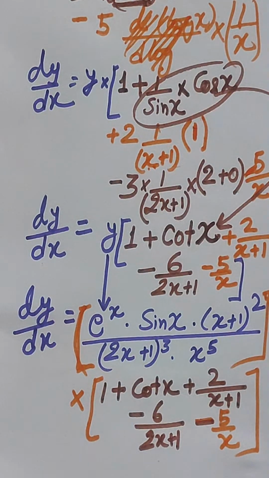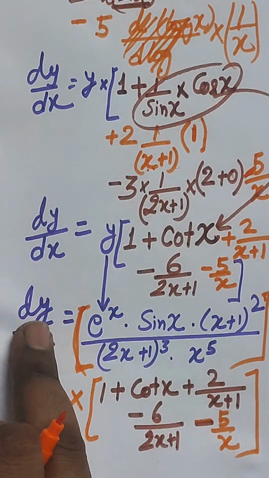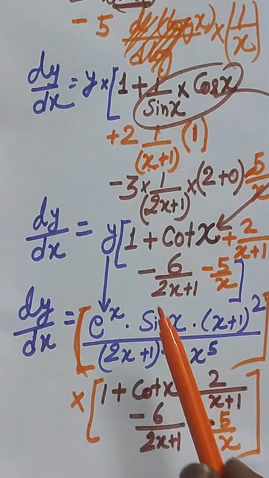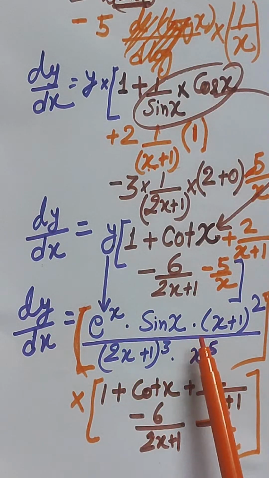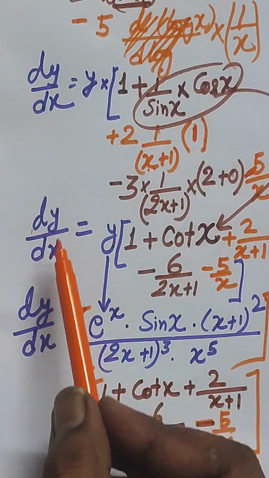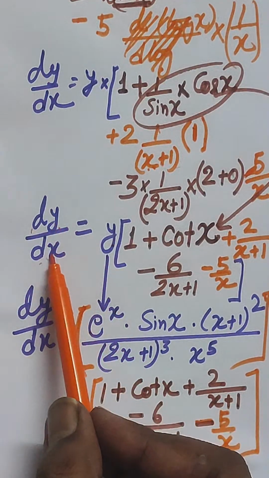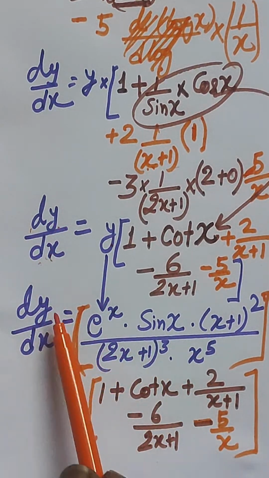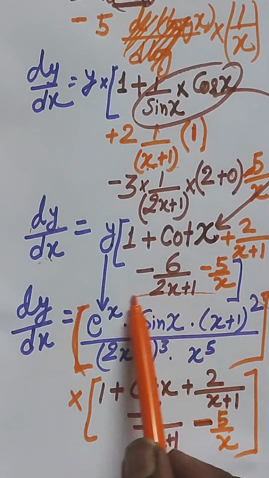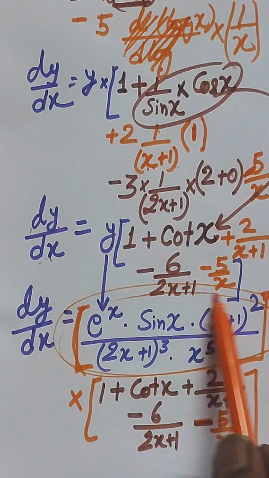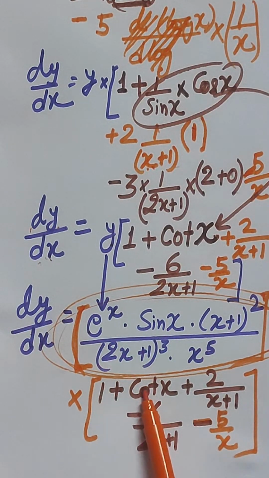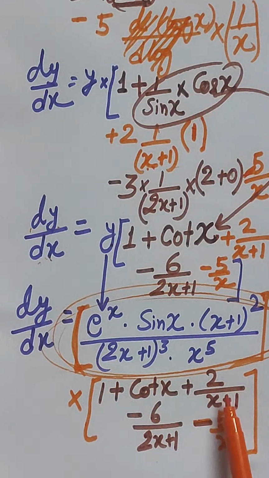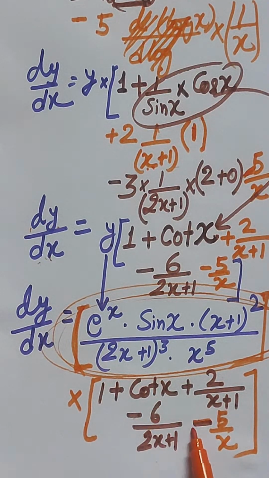So in this way we have differentiated. The value of y was what I gave in the question, that e power x, marked in blue, this was the question. We were asked to differentiate y with respect to x, dy by dx, and we get the answer: dy by dx is equal to y, which is again this one, multiplied with this value, 1 plus cot x plus 2 by x plus 1 minus 6 by 2x plus 1 minus 5 by x, right students?